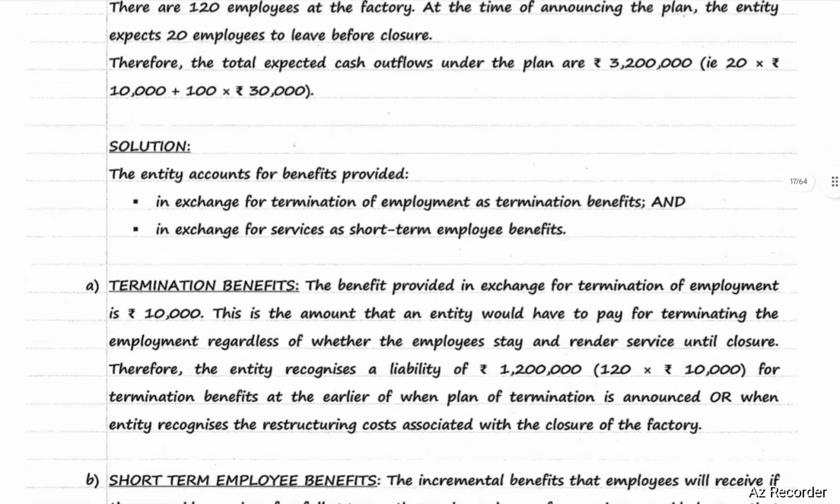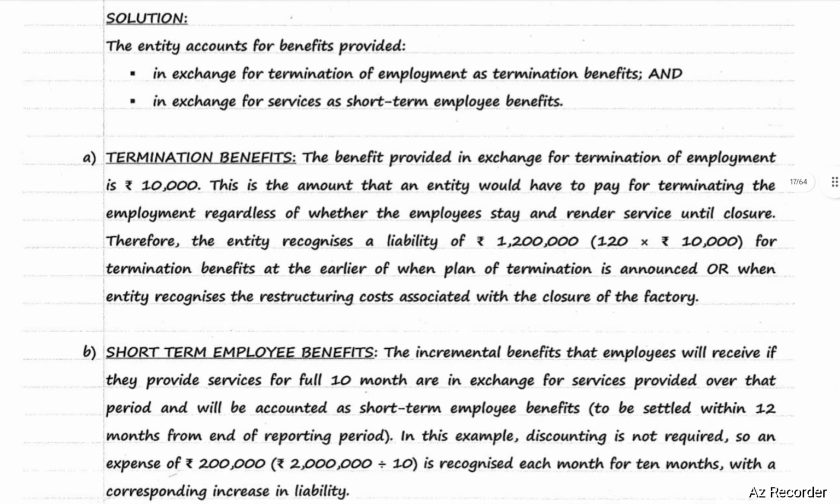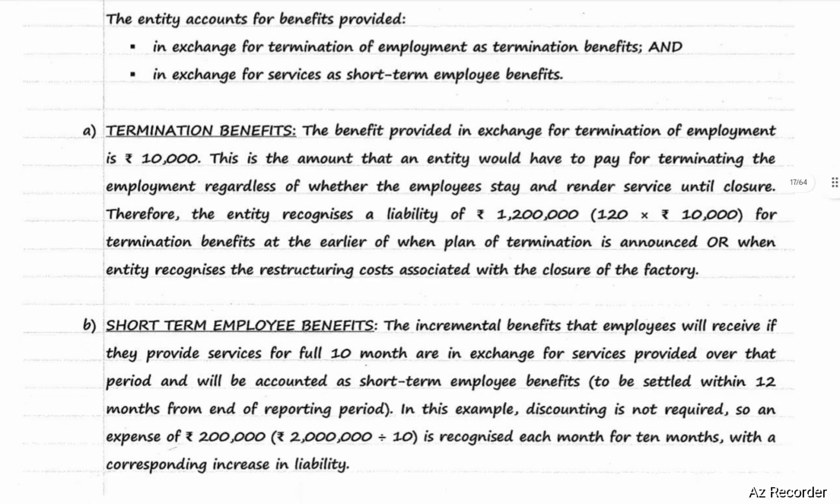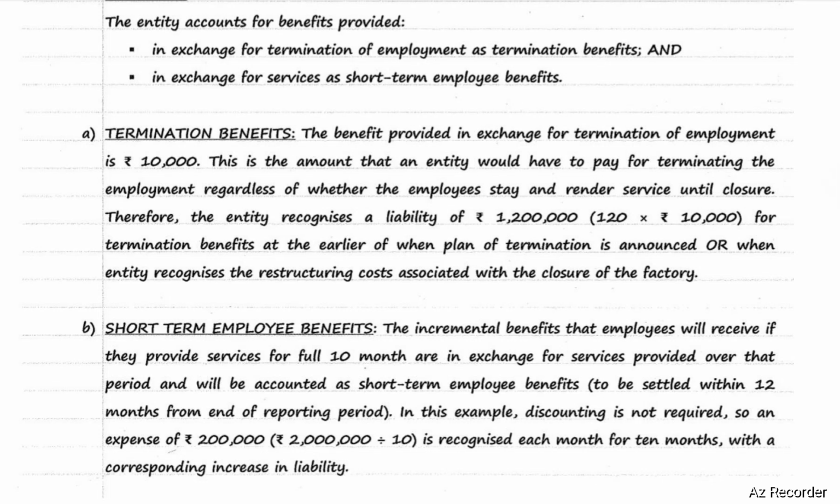The entity accounts for benefits provided in exchange for termination of employment as termination benefits, and benefits in exchange for service as short-term employee benefits. Termination benefits: the benefit provided in exchange for termination of employment is 10,000.